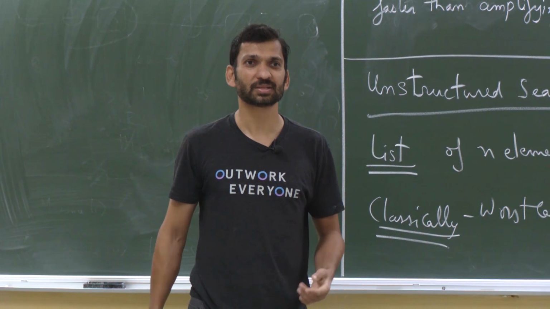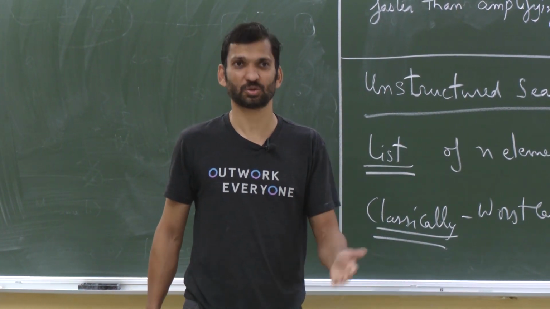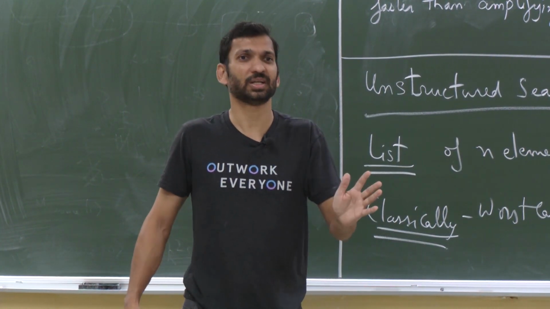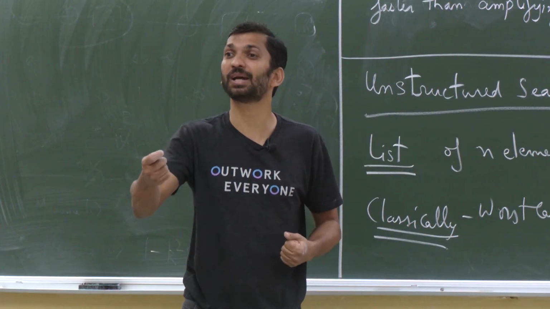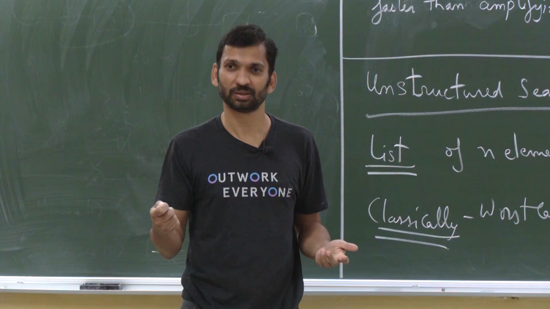I had n elements. I pick the first element. Let's say I'm searching for Satvik's name. First element, is the name Satvik? Yes, great, I have found it. No, I pick another index. Then I pick another index. Keep going.